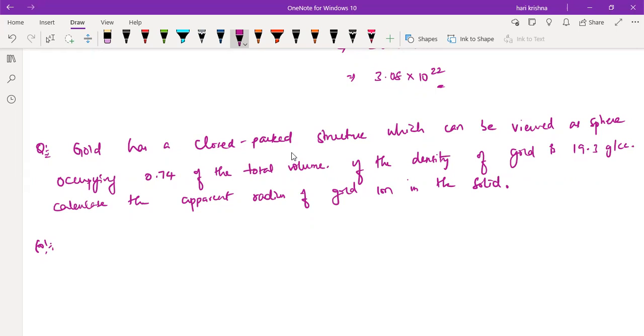So if they are having spheres occupying 0.74 fraction, what does that mean? It is the FCC structure. They have given the packing fraction, so packing fraction is 0.74. That means it is an FCC structure.